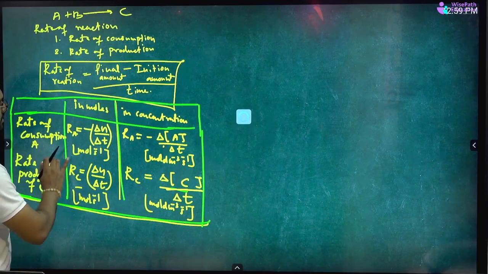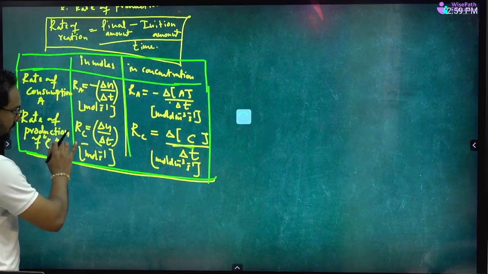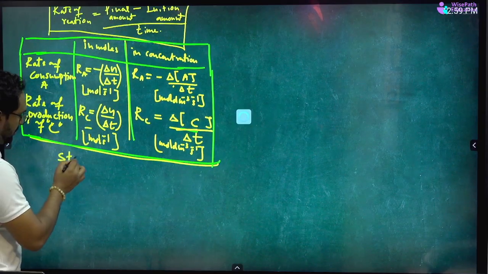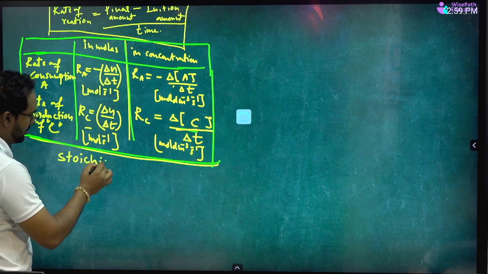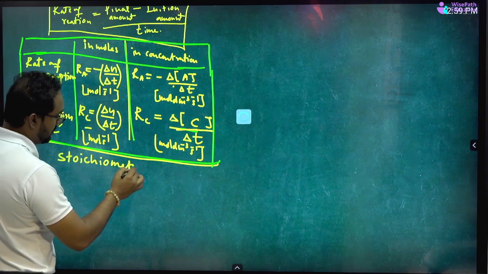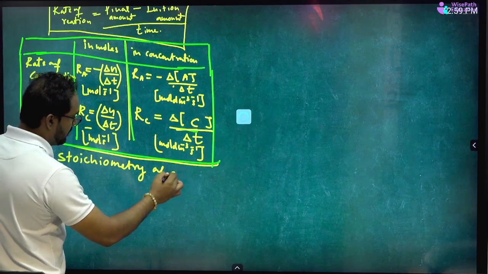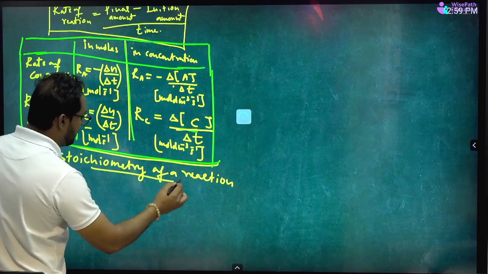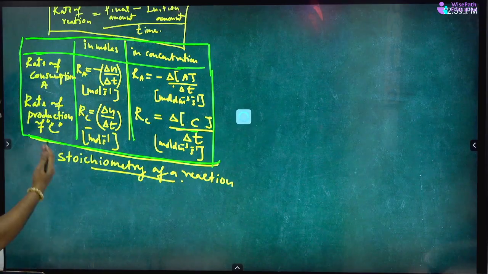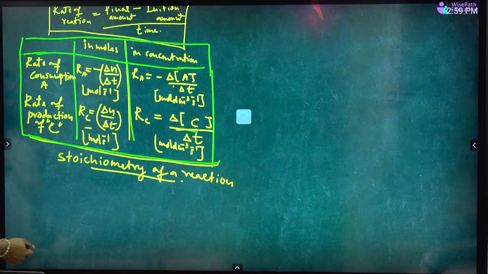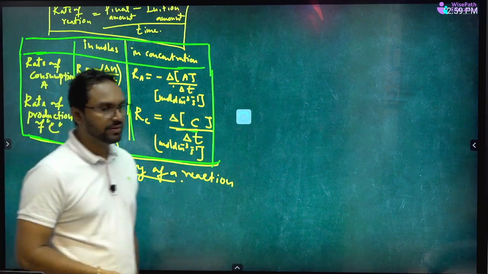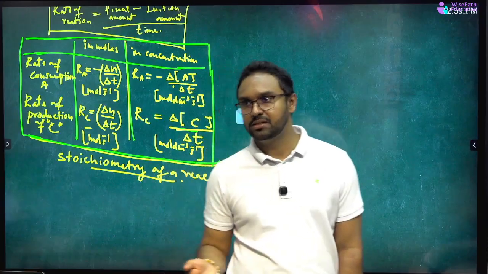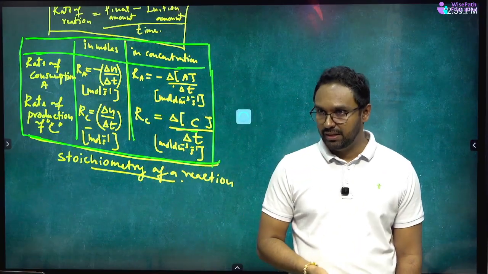The next is stoichiometry. So now we have to consider, in the beginning we just wrote the equation of rate of reaction, final minus initial divided by time that was spent.